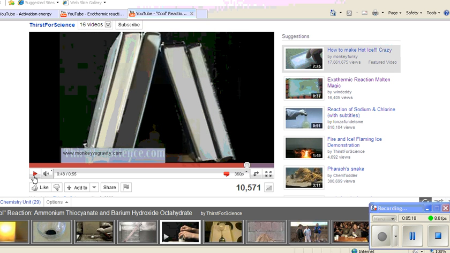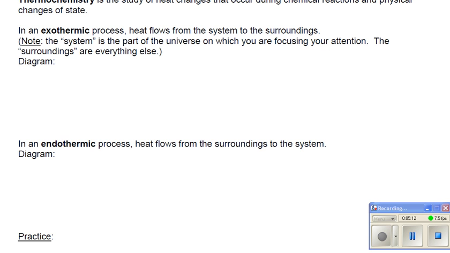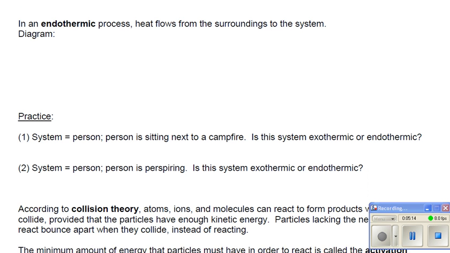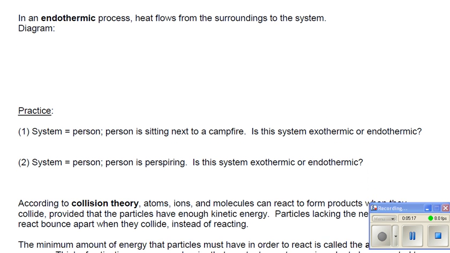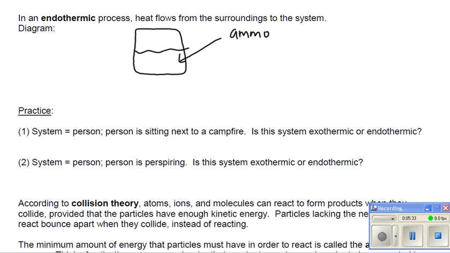So let's draw a diagram of this in our notes. We're in endothermic now. I have my beaker, and in the beaker, I have a chemical reaction taking place between ammonium thiocyanate and barium hydroxide.